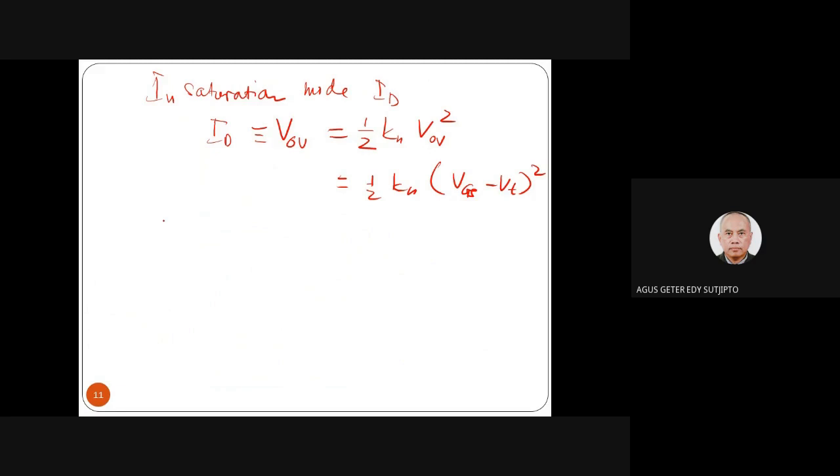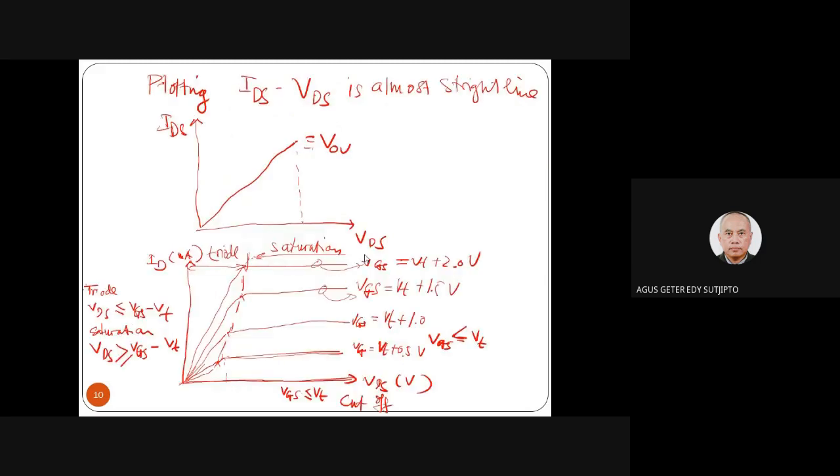So in this case, we have three regions in the transistor operation. The first is the triode region, which is left of the dash line.